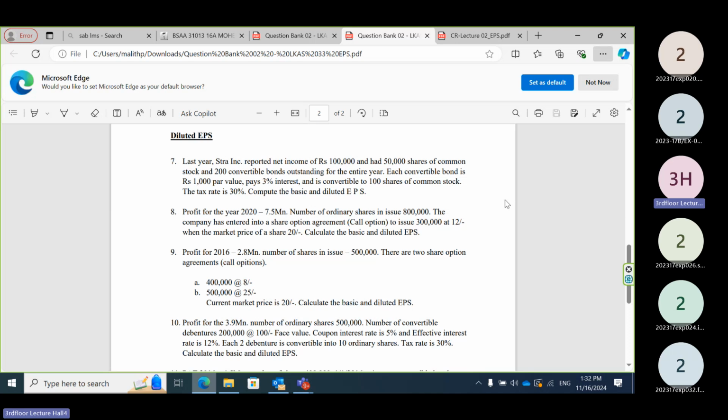Hold option, you are going to issue shares. So then, in the question, it clearly says that you are issuing 300 shares for 12. You can cash inflow it. Okay, 12 into what cash number?